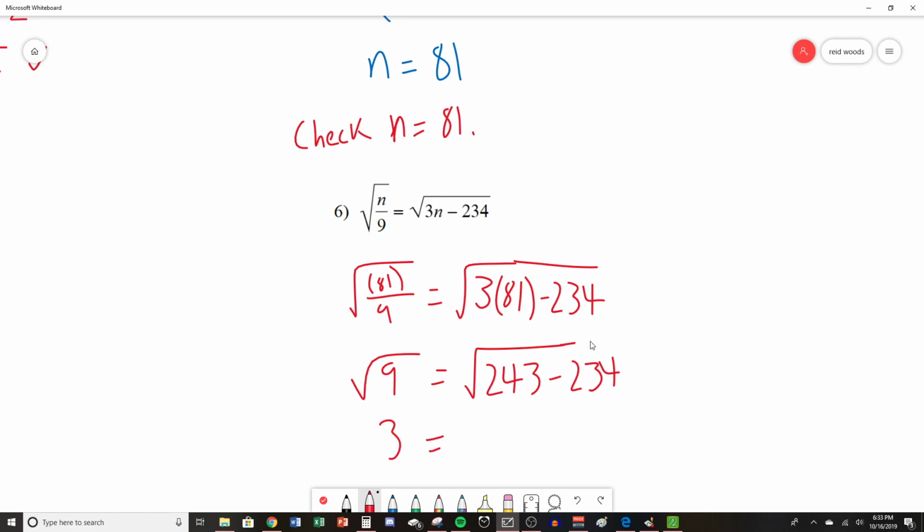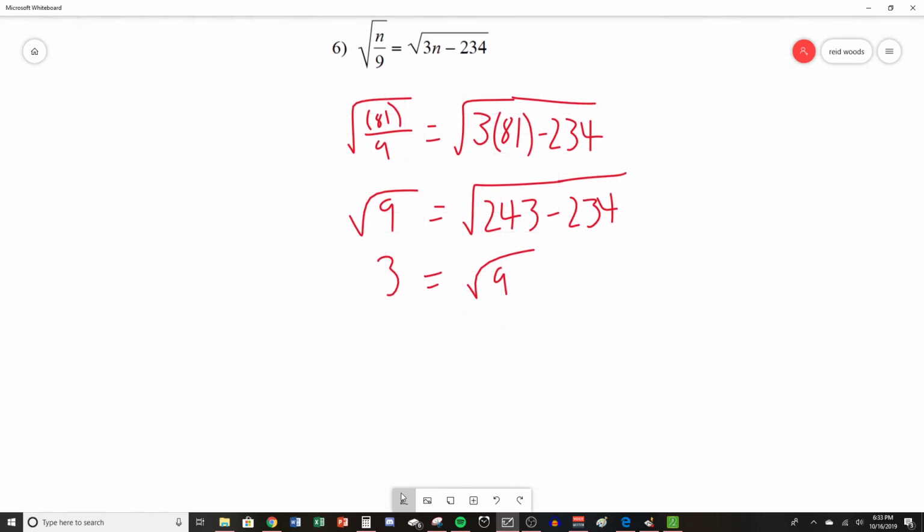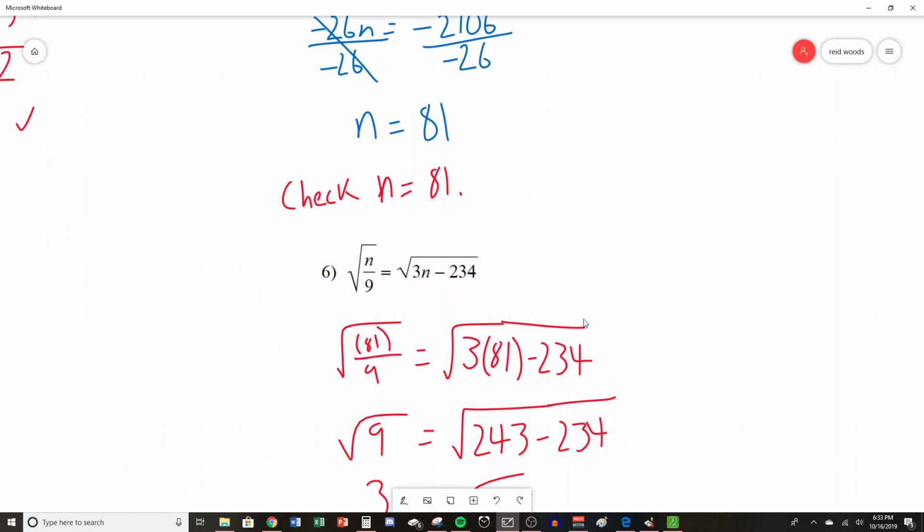And over here, this is going to be the square root of, I believe this is 9 as well, and we get 3 equals 3. Boom, checks out. That means that we are good to go. 81 is the correct answer after all.